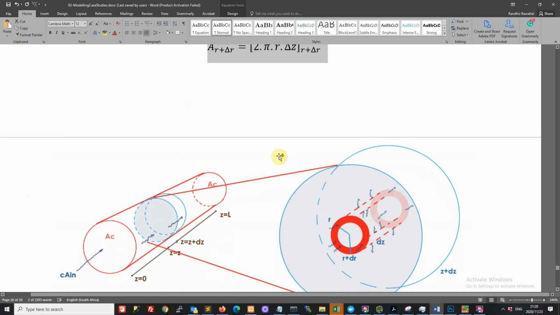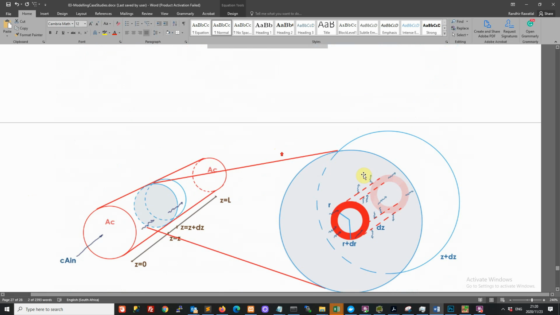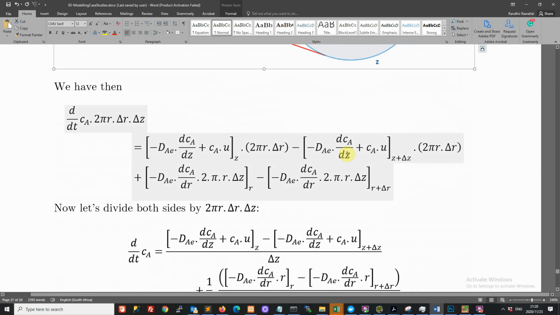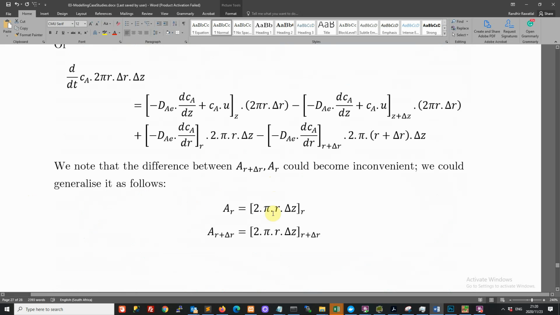Let's see how that helps things. This is the same picture, nothing new there. Now what we can do with this definition is, instead of multiplying this 2 pi r delta z out here, let's bring it in here. Remember these square brackets, that's evaluated at r, and this is evaluated at r plus delta r.